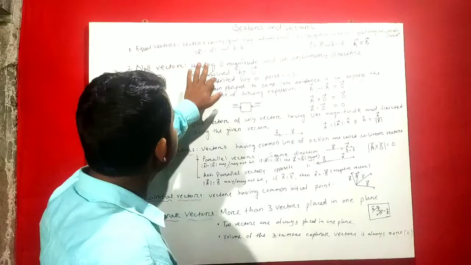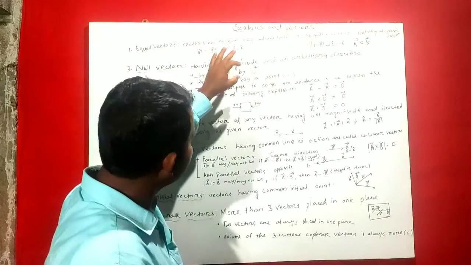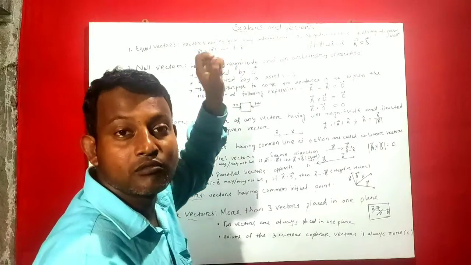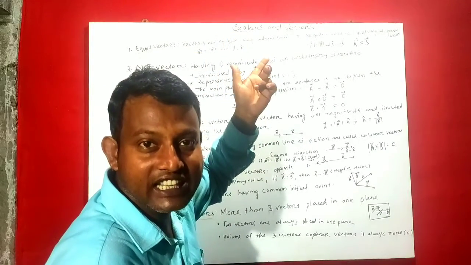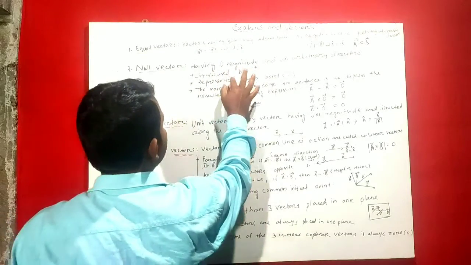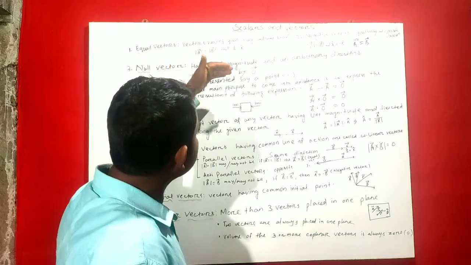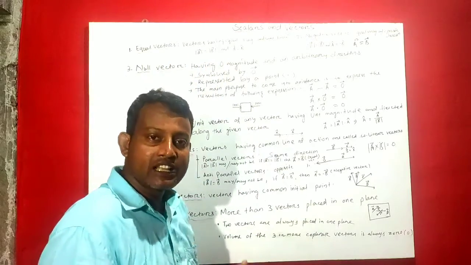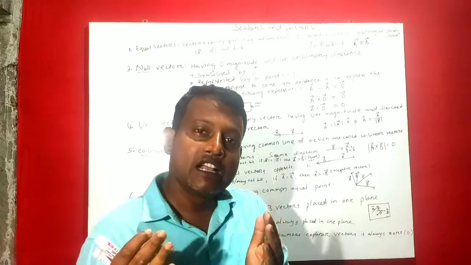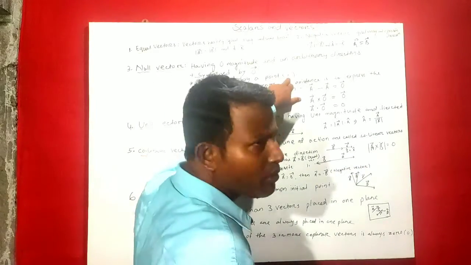We can symbolize the null vector by a 0 with an arrow above it. We can also represent the zero vector geometrically by just a point.